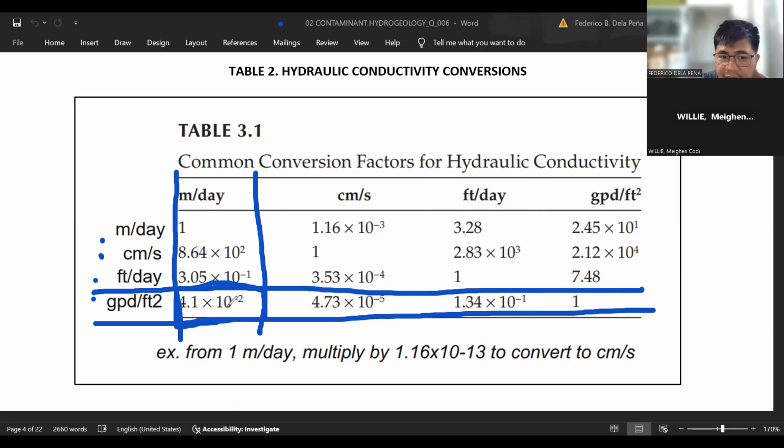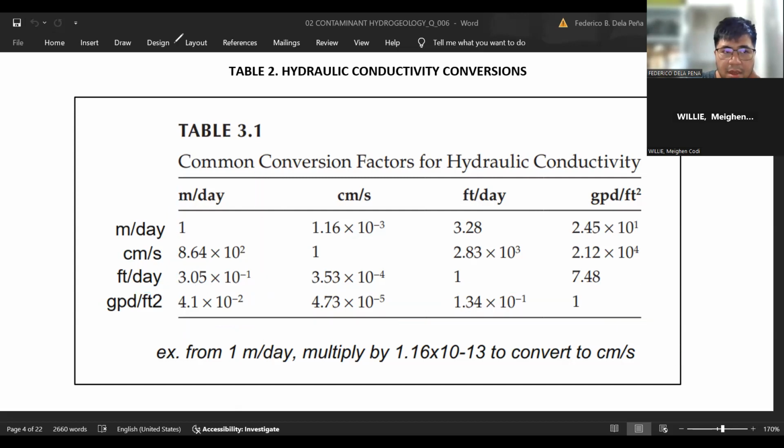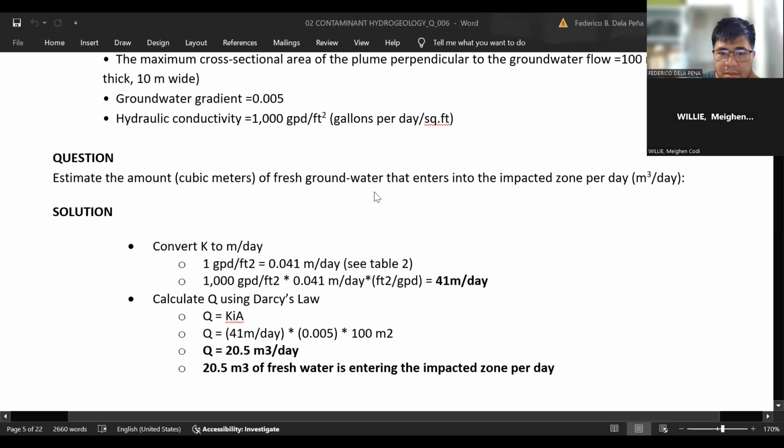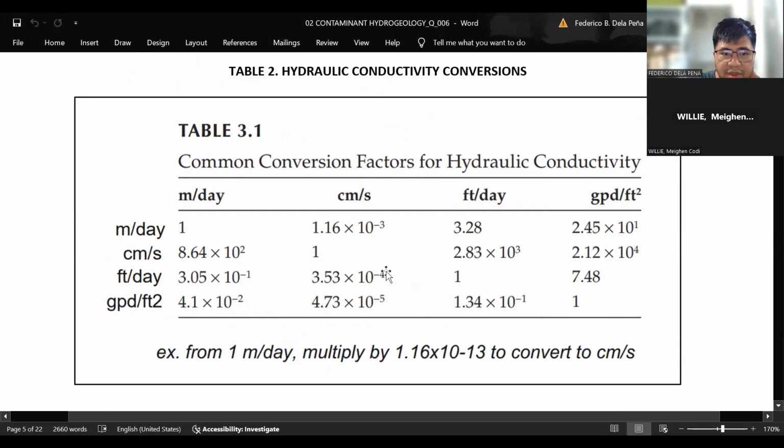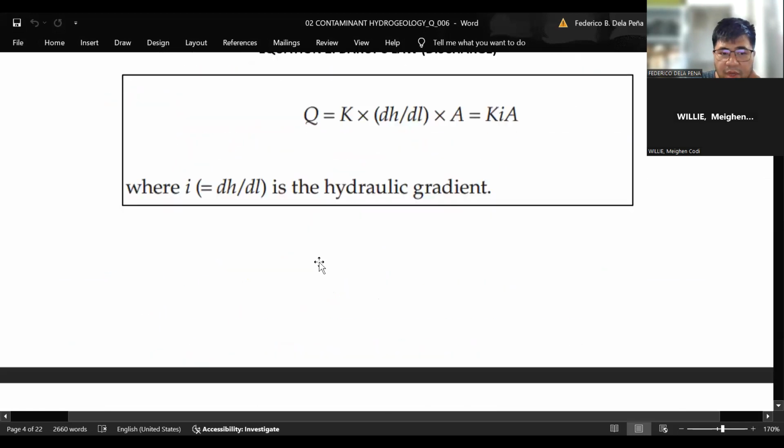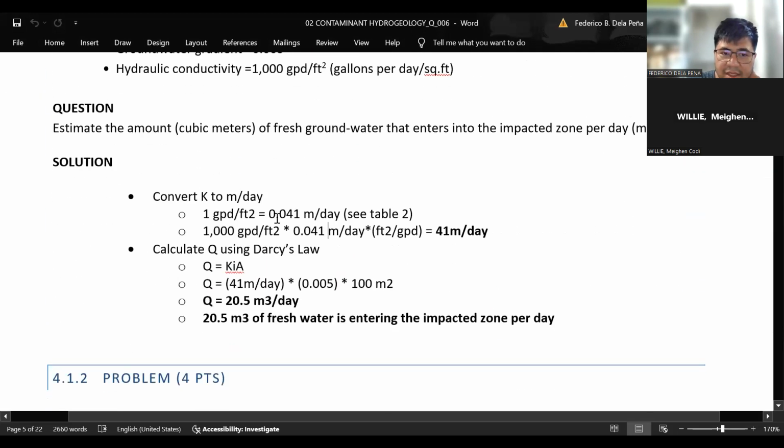It's 4.1 times 10 to the negative 2. So that's 0.041, as shown in here.